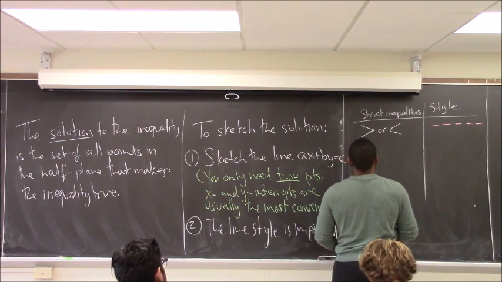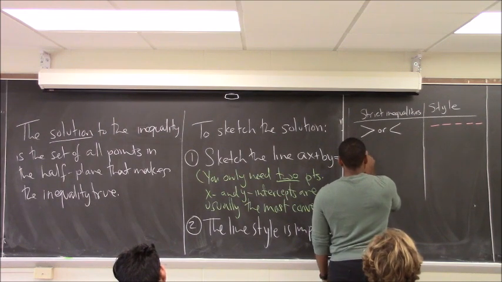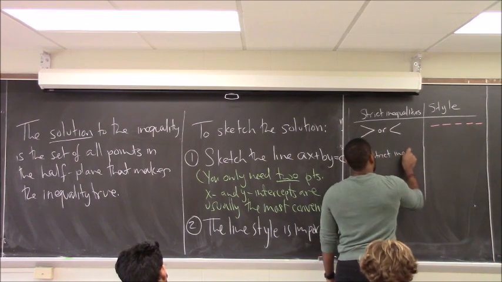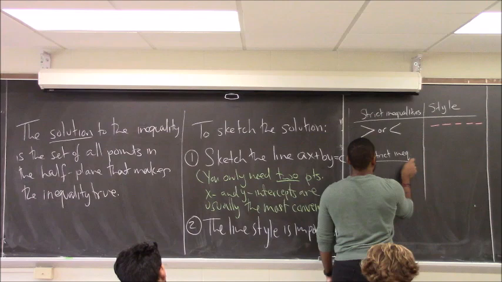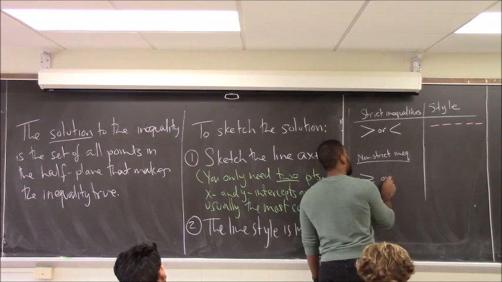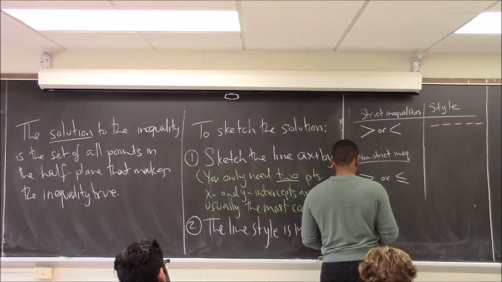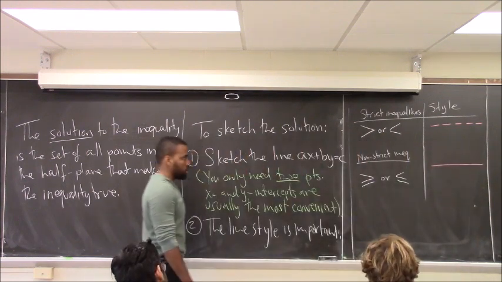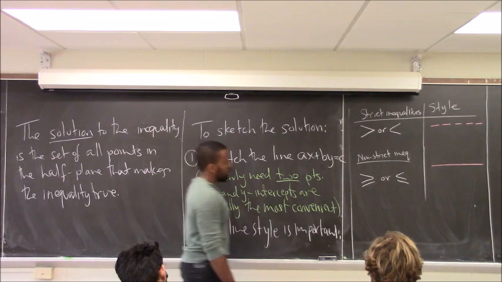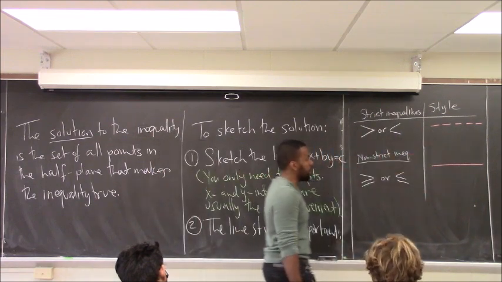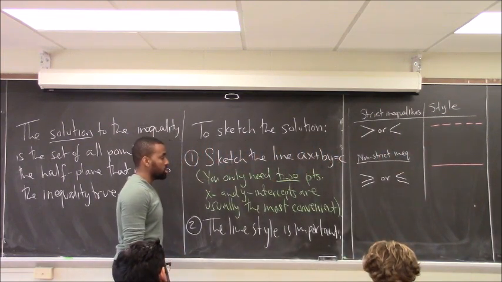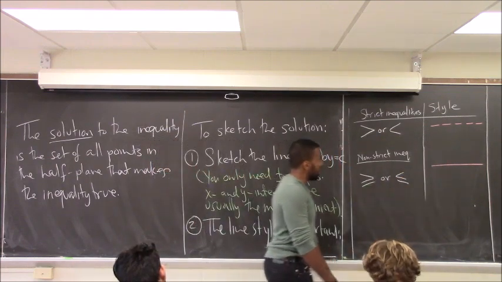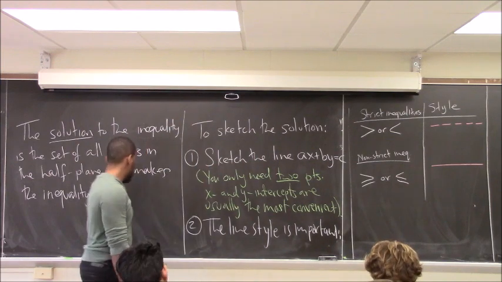If you have non-strict, so greater than or equal to or less than or equal to, then the line style is a solid line. So how you sketch the line is going to be important. A broken line means that the line itself is not included in the solution. The points along the line do not form a solution. However, if it can be equal to the line, you draw a whole line.